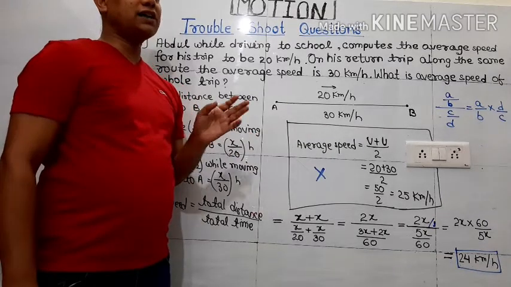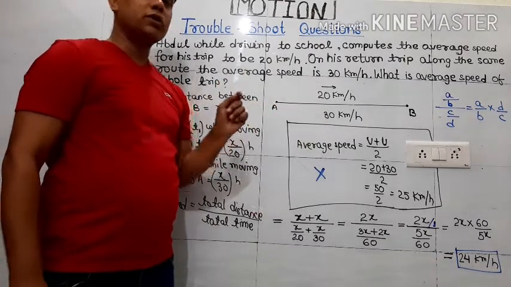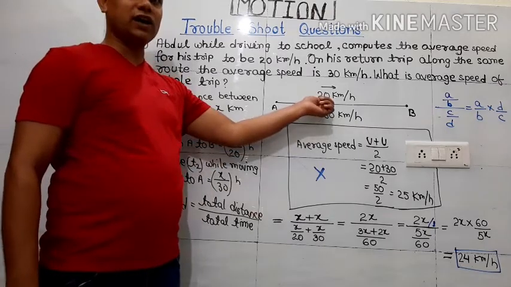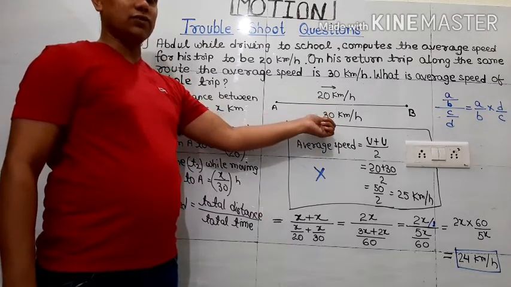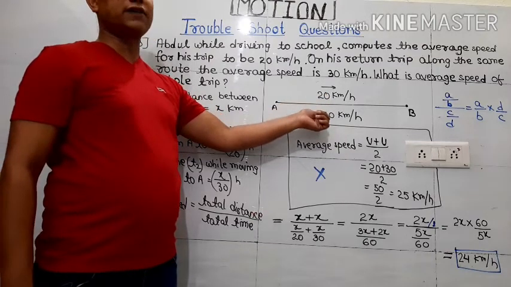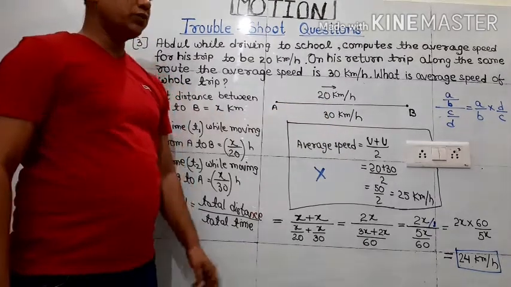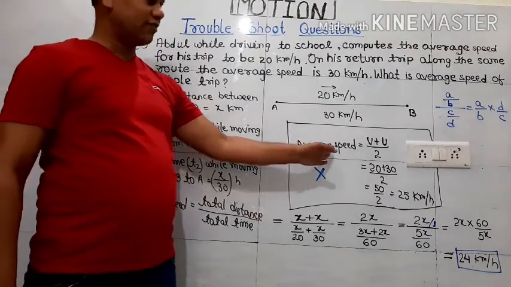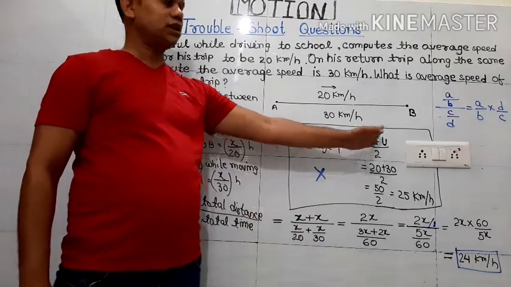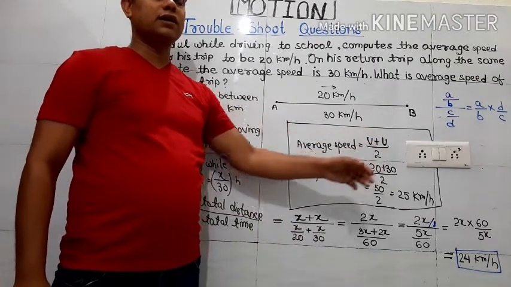Now, when the average speed for the whole trip is asked, generally what a student thinks is, okay, take this as one value, this as another value. Suppose this is taken as initial velocity, and this as the final velocity. And we use this kind of formula: average speed is equal to (v plus u) by 2, that means one velocity, another velocity, and then the average of that.